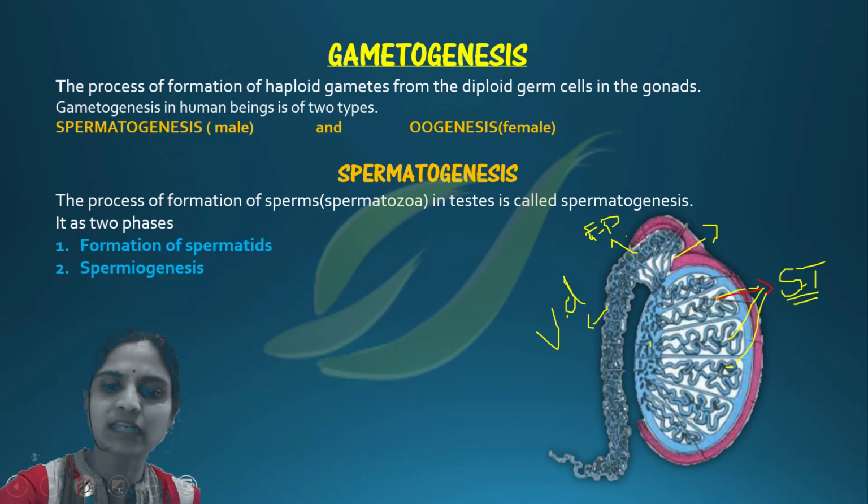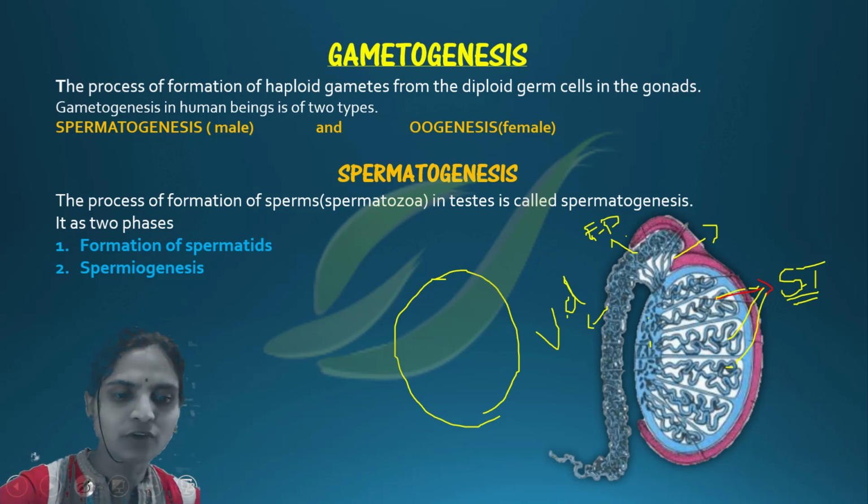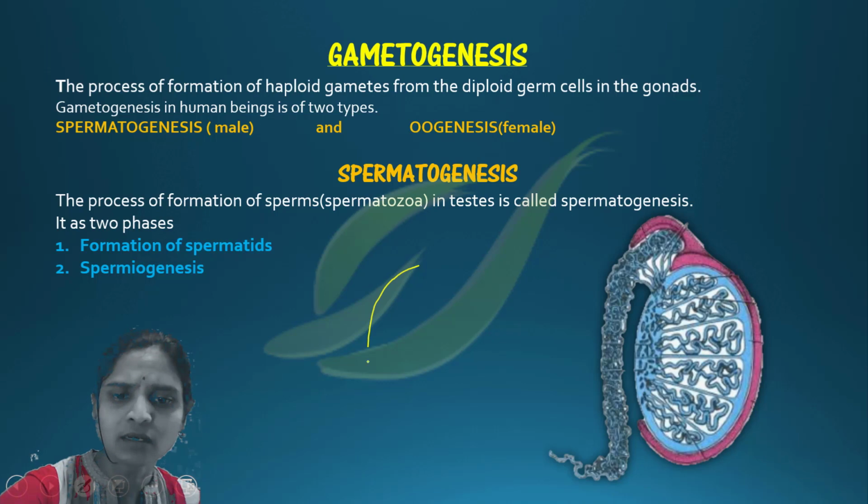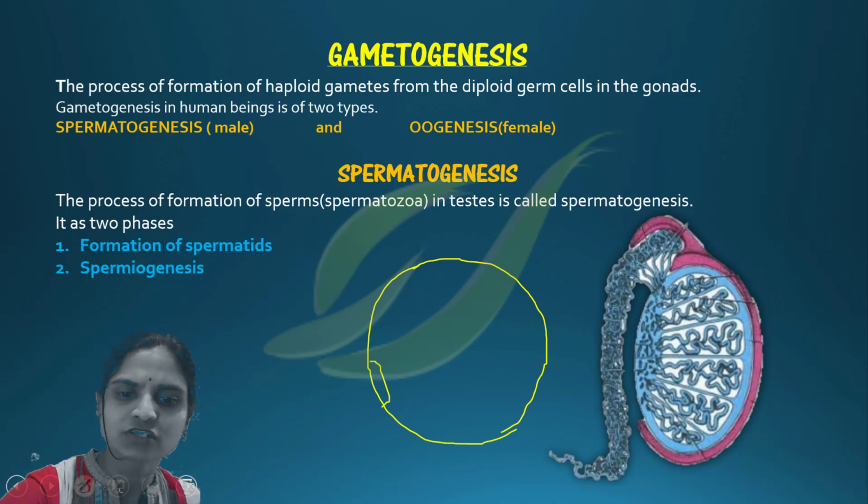In the TS of seminiferous tubule, we have observed that it consists of germinal epithelium cells and Sertoli cells.